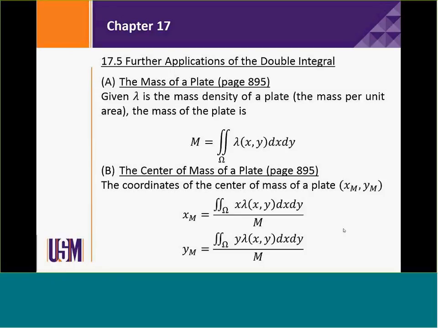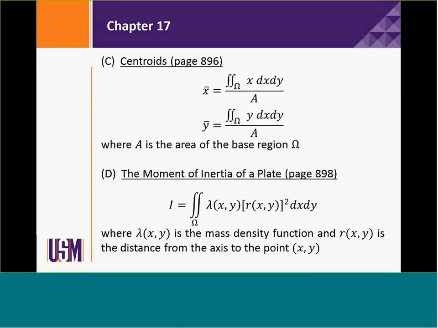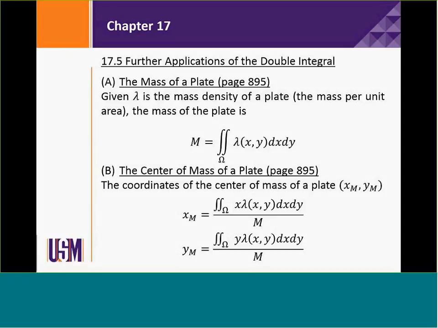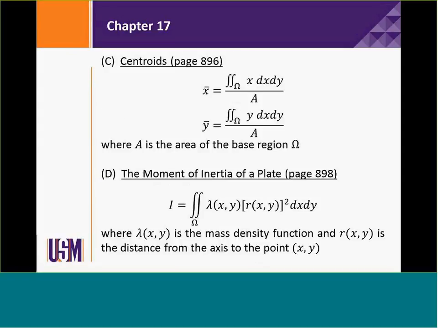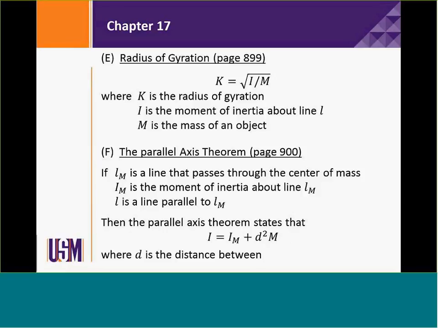Okay, you can use the double integral to find the mass, center of mass, centroids, moment of inertia, the radius of gyration, and the parallel axis theorem, which is the moment about a line parallel to the axis. Okay, I'm not going to show this.